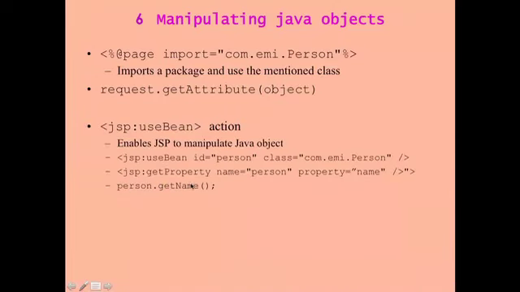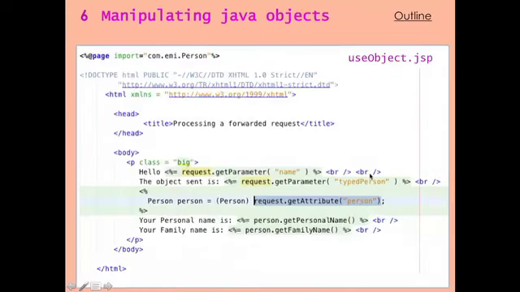So person.getName or person.getFullName or whatever, family name or personal name, could be replaced by declaring that we would like to use this object and then using the getProperty with either the property family name or personal name.